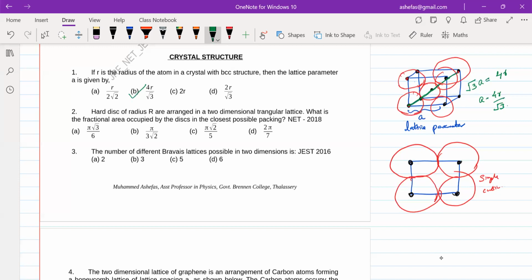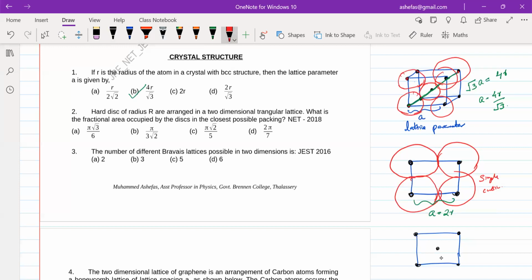Now what would be the relation between lattice parameter and radius for the simple cubic system? In the case of simple cubic, the atoms at the adjacent corners would be in contact. Therefore, the lattice parameter would be equal to twice the radius. And what about the face centered cubic system? Again, for face centered cubic, if you just draw the single face, the atoms are present at the corners of the face as well as at the center of the face.